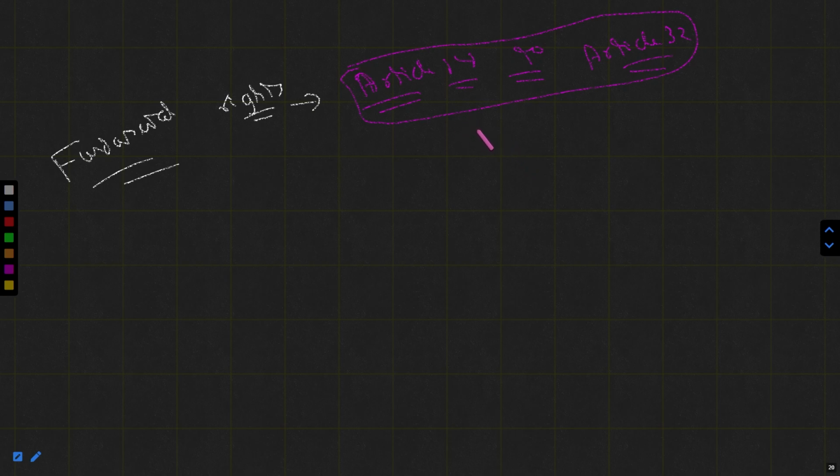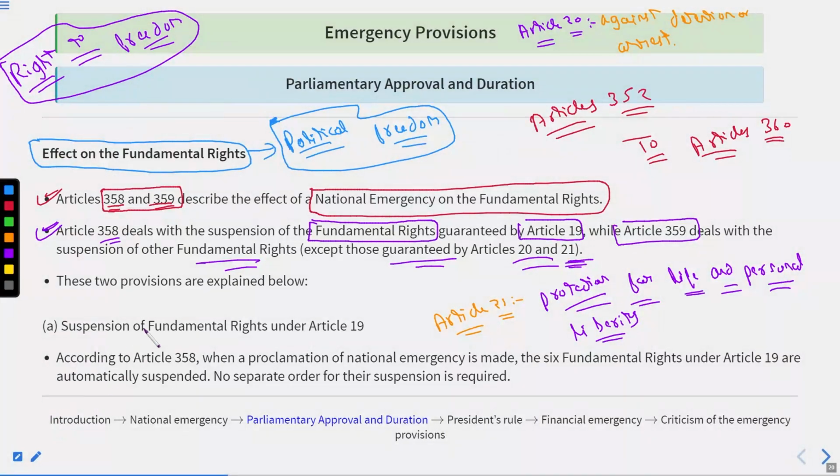So all the rights get suspended during the emergency provision except two articles, Article 20 and Article 21. These two articles cannot be suspended during the national emergency. Okay. These two provisions are explained below.